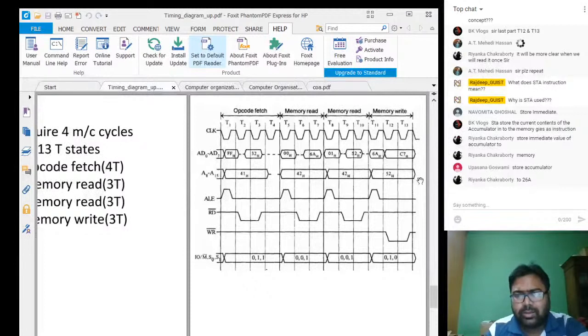Is it clear? So here you can see this write signal is activated. Okay, means this content will be placed to this particular memory address. Is it clear now?